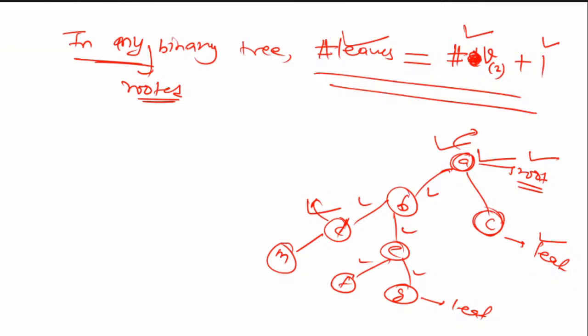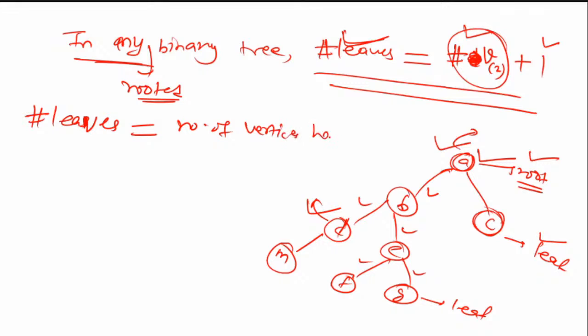Now he is saying that in any rooted binary tree, the number of leaves must be equal to the number of vertices having two children plus 1.